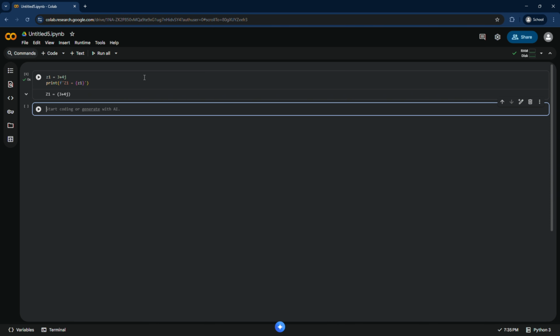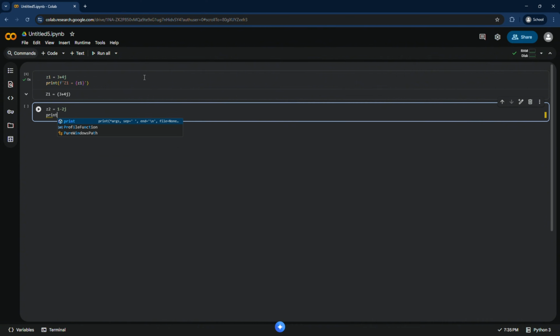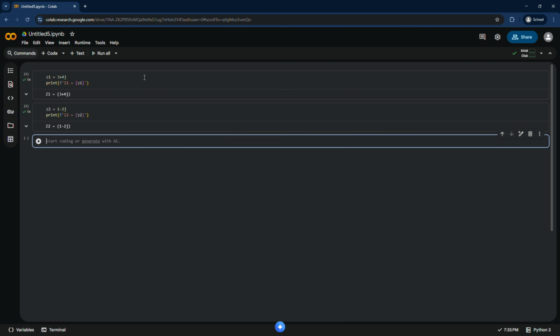Here 3 is the real part and 4 is the imaginary part. So 3 plus 4j is the complex number 3 plus 4i. Now let's create another complex number z2 and print it. Python gives us built-in attributes like .real and .imag. Now write with me.